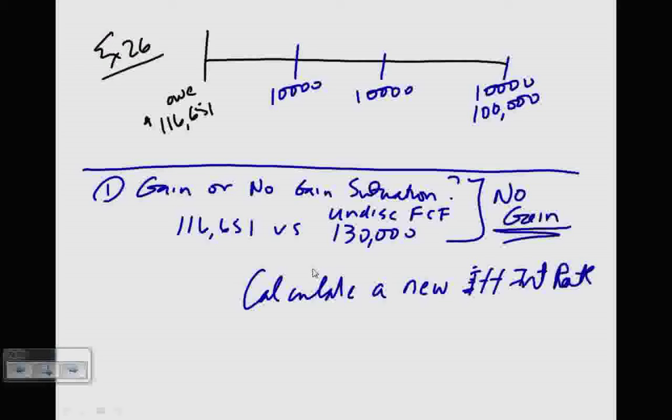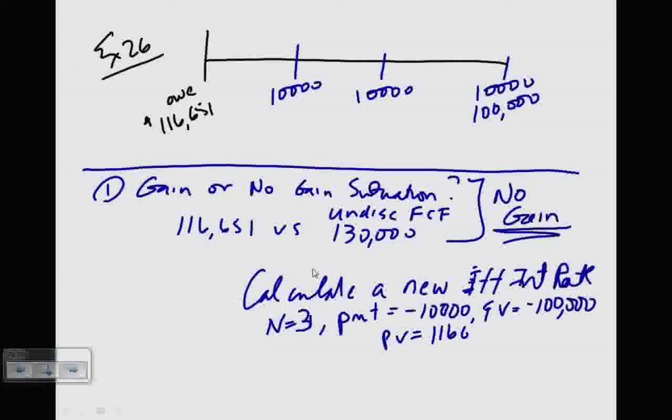The way that we're going to do that is we're going to put n equals 3, because there's 3 more years. Payments equal negative 10,000. The future value equals negative 100,000. The present value equals 116,651, and we're going to solve for the interest rate per year.